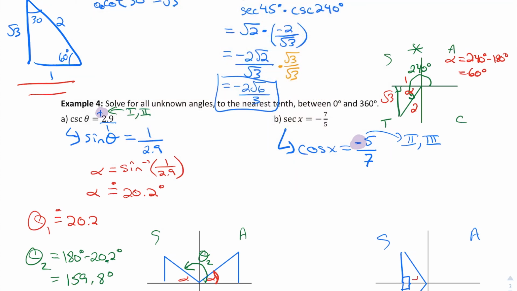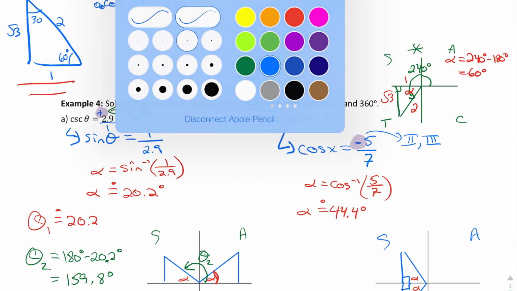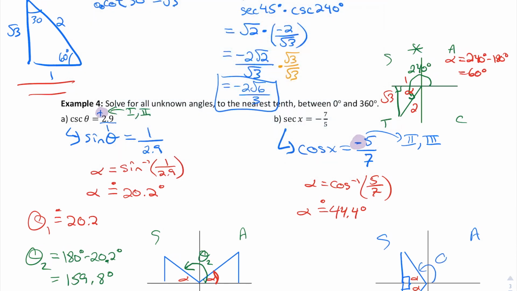In order to figure that out, let's find alpha. So alpha will be the inverse cos of this. If you punch that in your calculator, you get roughly 44.4 degrees. So that means if I want to find theta 1, it's going to be 180 minus that.